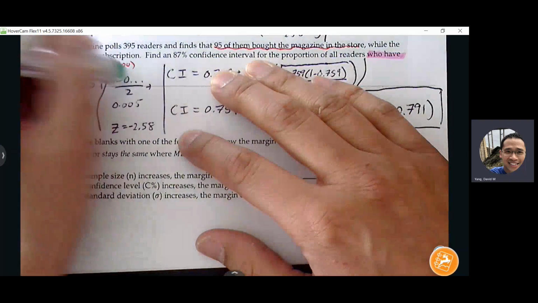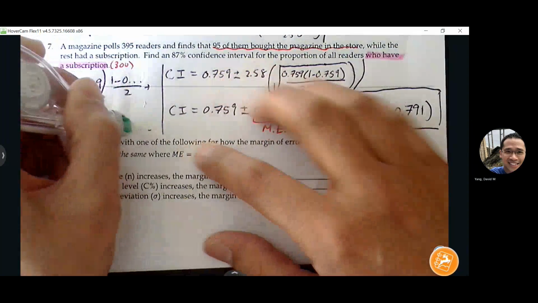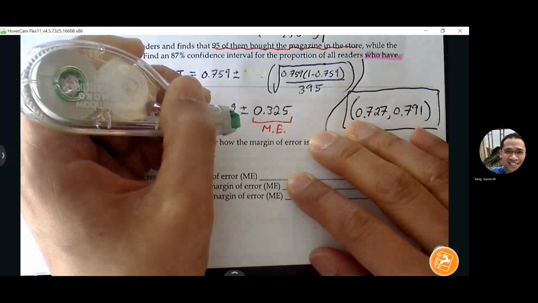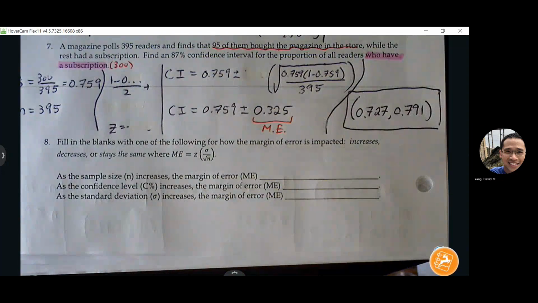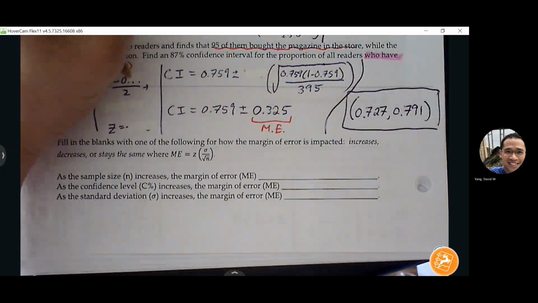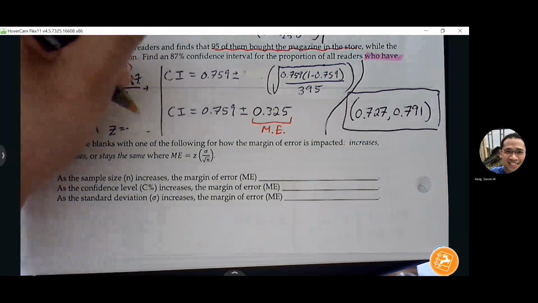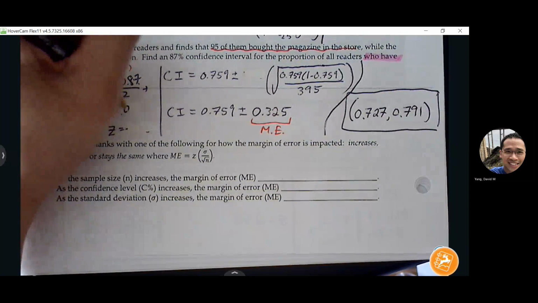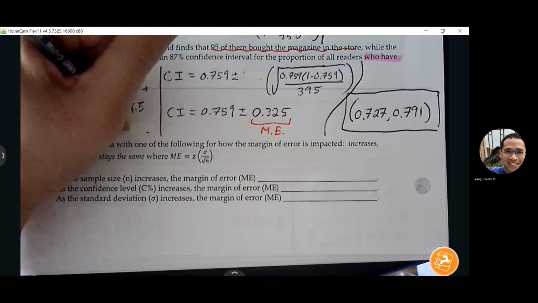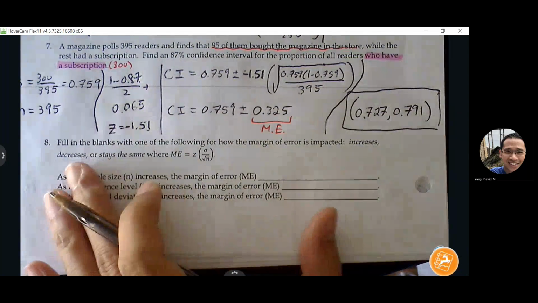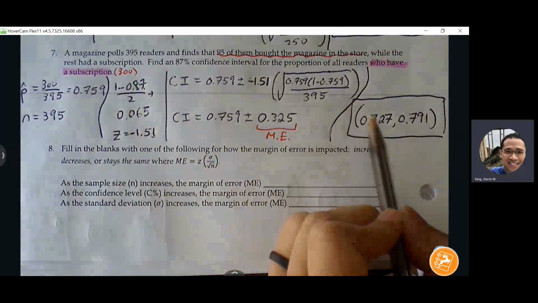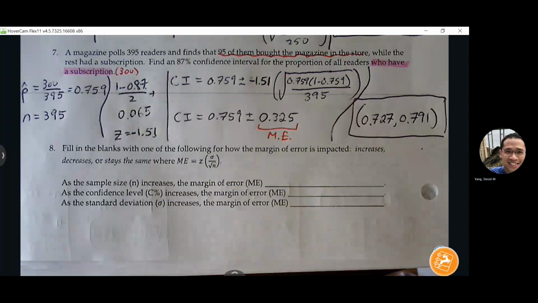I was copying from the previous problem. You should still get the same interval though. Let me know if that makes sense to you guys.